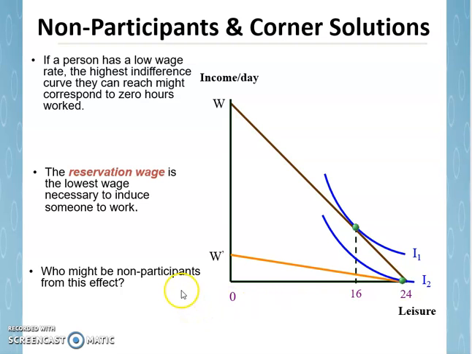People who at one time may have commanded a high wage in the marketplace, but because of their age and condition, they now would command a lower wage. For these older people, they're more likely to not participate, and we often call that retirement. Well, retirement is just another way of saying we have 24 hours of leisure, a corner solution, a non-participant. There are other possibilities, but in each case, there is a low wage that is inducing someone to not participate.